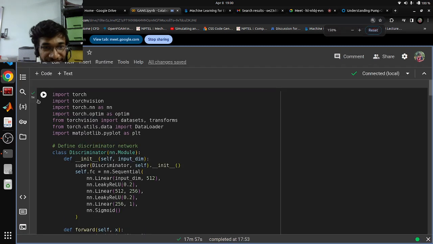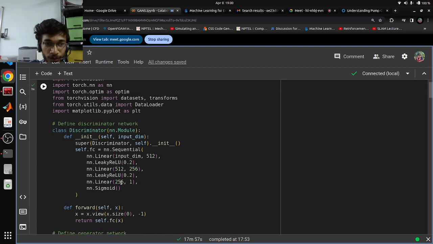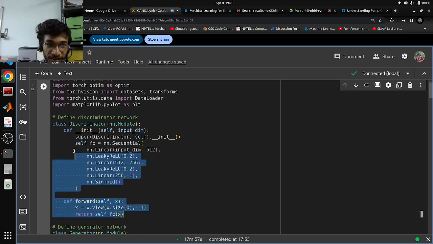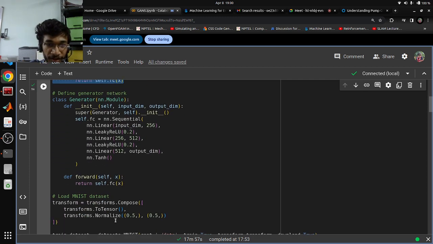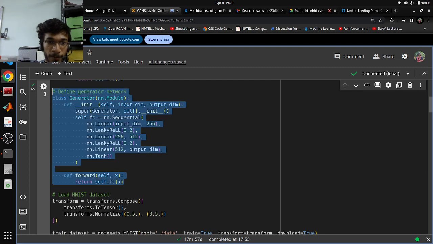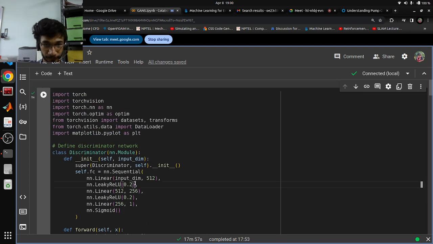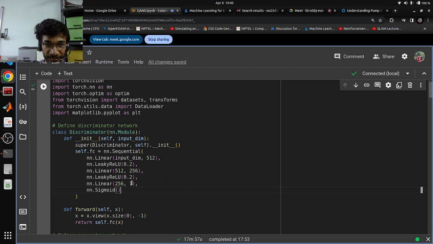Before we go to the results, I will first go through the description of the code. What we are doing here is defining the two networks, the discriminator and the generator network. Since this is a very simple data set, we are using a simple feed forward neural network.